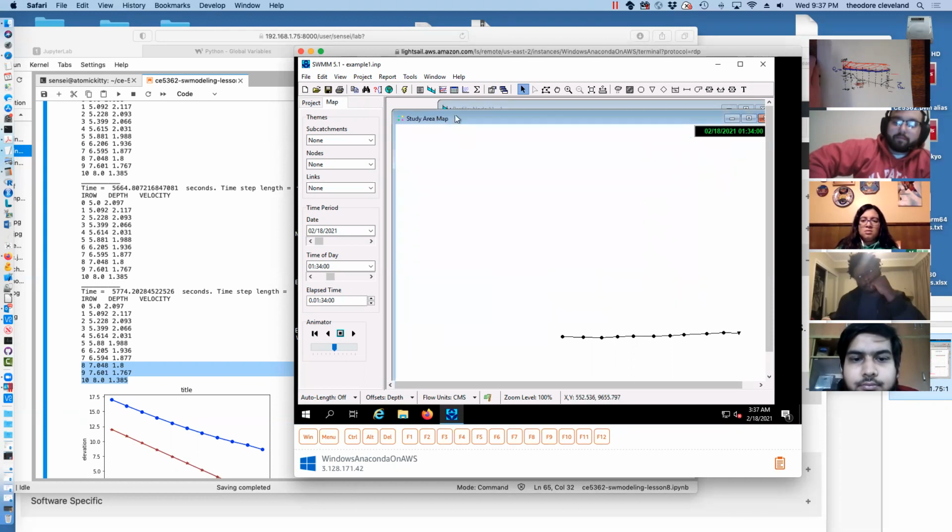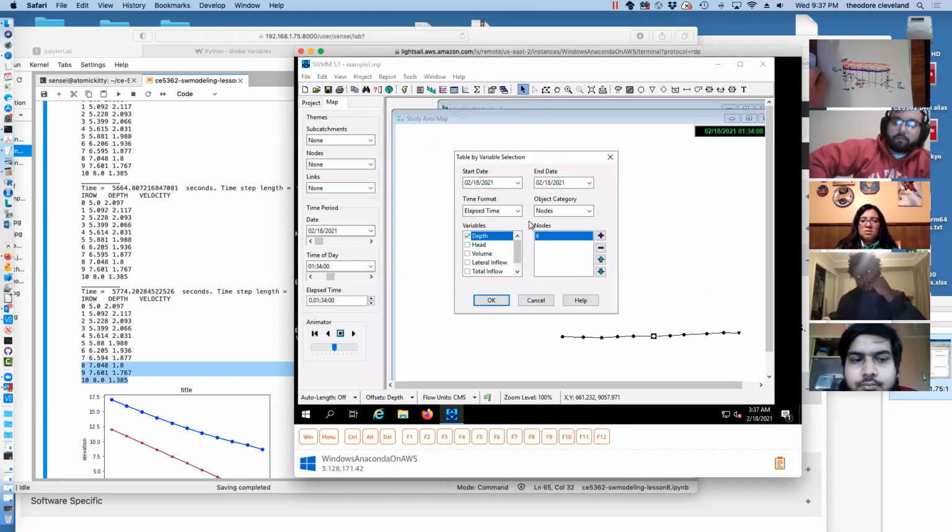At the risk of really embarrassing myself, and then we'll be done, let's, for grins, just take a look at velocity. We have velocities ranging somewhere between 2 and 1.3. We'll do our downstream most one, a middle one, and upstream most one.